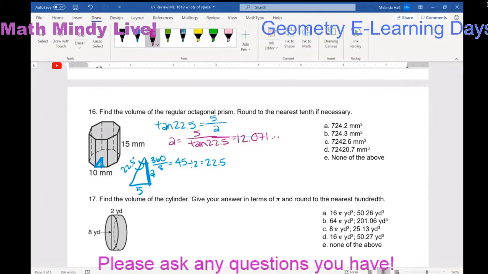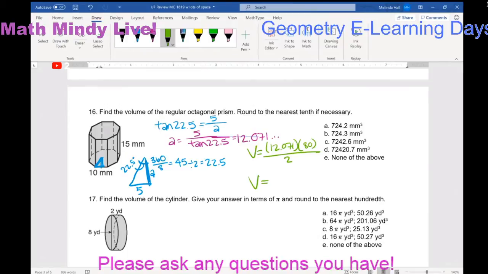But because we're looking for volume, we're going to have to plug that in. We'd have 12.071 times the perimeter, so 10 times 8 would be 80, all over 2. Without rounding, you just hit times 80 if you still have that 12.071 number up there, and then dividing by 2.